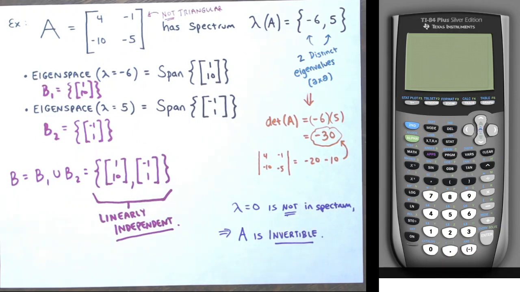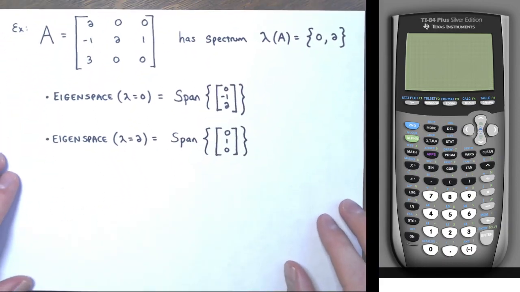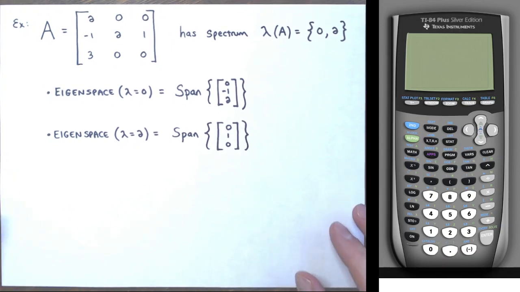Great. Next example. Alright, so for the rest of the video, I'm going to be working with 3 by 3 matrices, and just know that the same statements would apply to 4 by 4s and 5 by 5s and larger size square matrices. So here is a 3 by 3 matrix. Again, I have found the eigenvalues and corresponding eigenvectors and eigenspaces already.